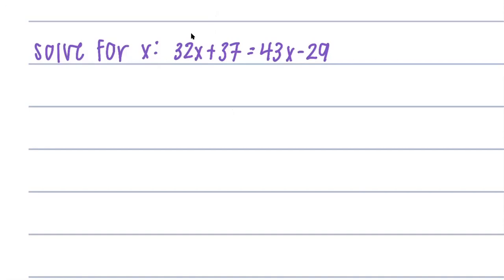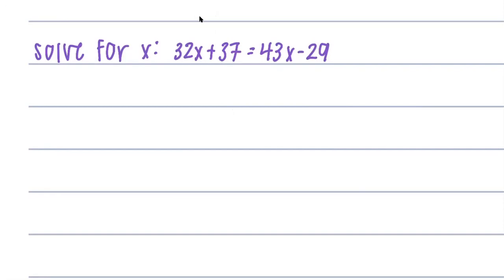Yeah, Viking, go ahead. Or do you have a question, or do you want to? No. So I put all the x on one side. So I put the 29 at the left side, and the 32 at the right side.